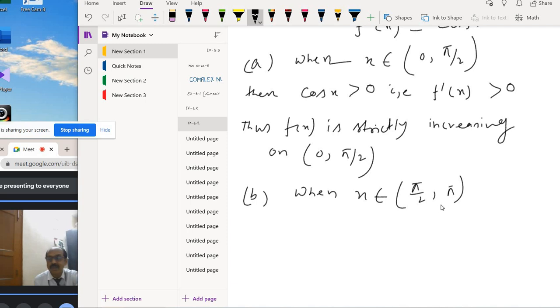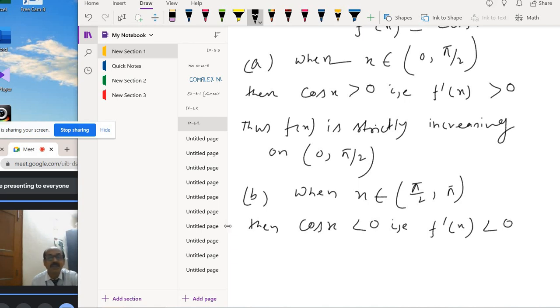So between these, all are negative values. So when x belongs to pi by 2 comma pi, cos x is less than 0, so f dash x is less than 0.